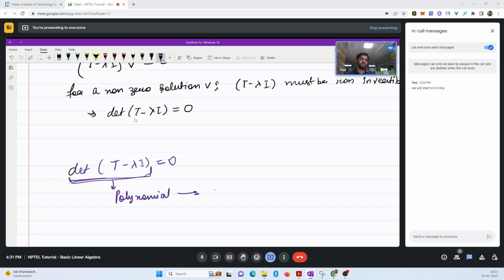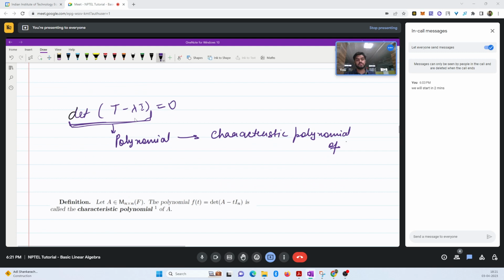This polynomial is called the characteristic polynomial of your transformation T. Here is a formal definition. If A is an n cross n matrix, that is, T is a transformation from V to V, where V is n dimensional, the polynomial determinant of A minus t I_n is called the characteristic polynomial of A. I_n is your identity matrix, if I didn't mention it before.